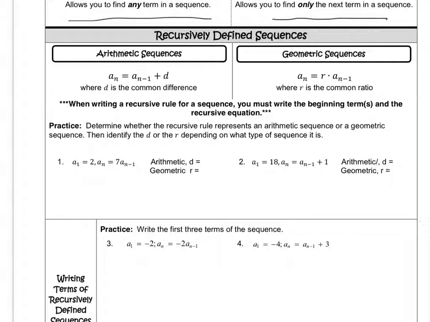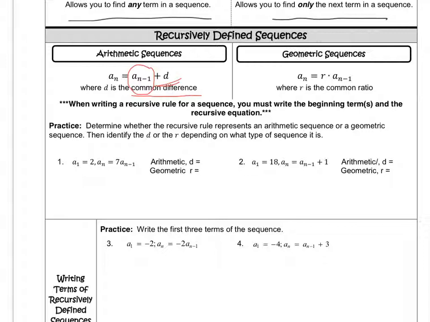They're the ones that have a common difference that we either add or subtract. When we look at the rule, at first it looks a little bit scary, but all it's saying is we're taking the term before plus our common difference, so plus whatever we're adding or subtracting.